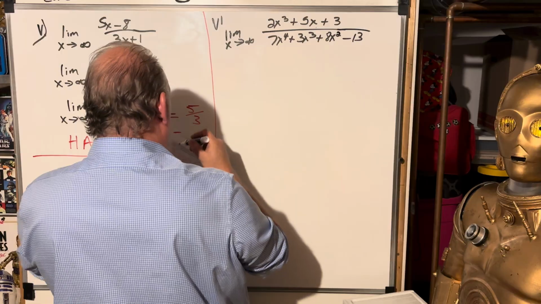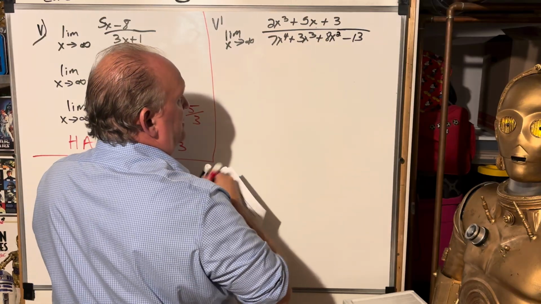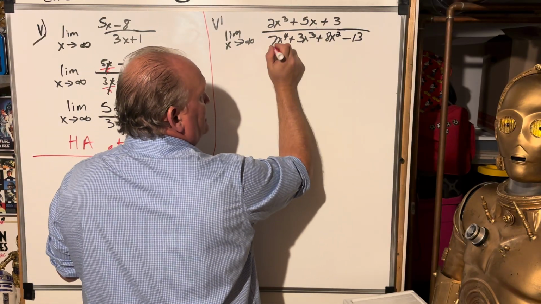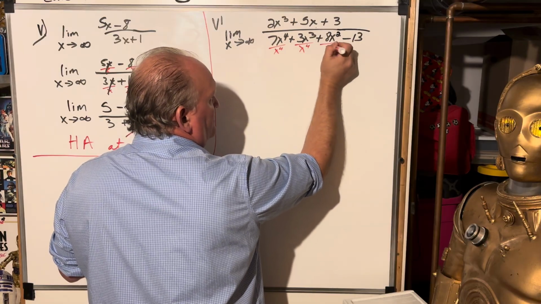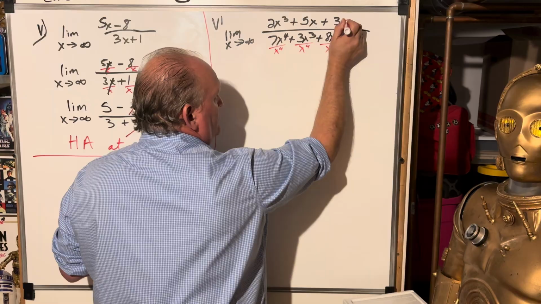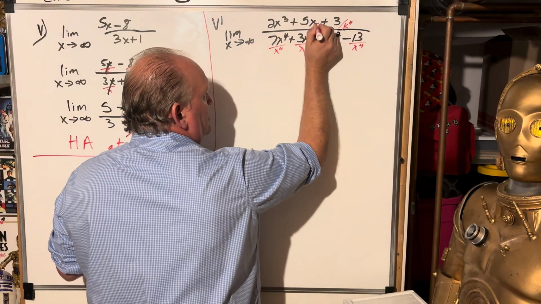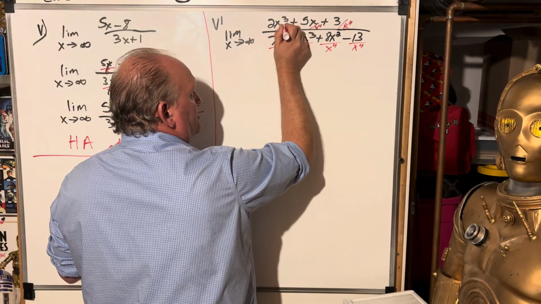So what we're going to do is, this will save a little step. Divide everything by the biggest thing in the denominator. So x to the 4th, x to the 4th, x to the 4th, x to the 4th. Everybody gets an x to the 4th. All right?